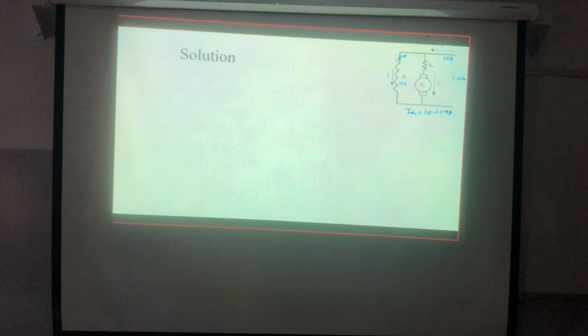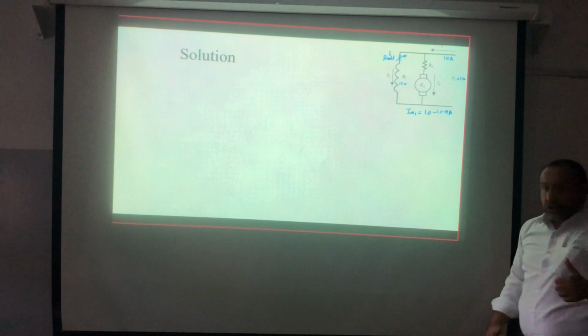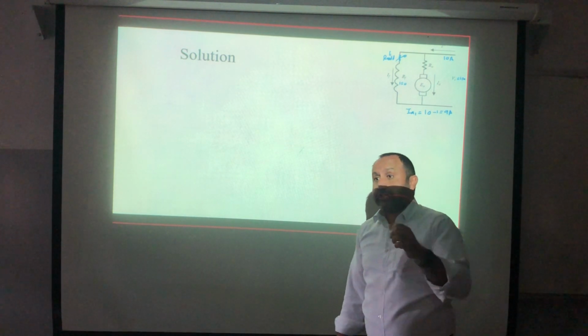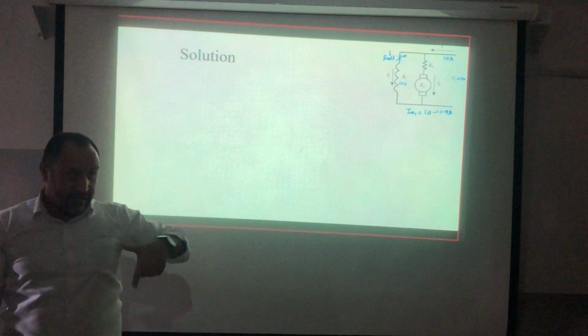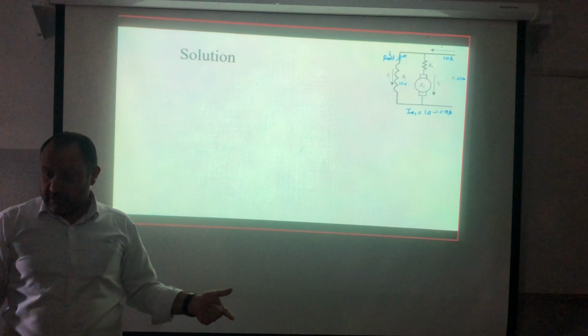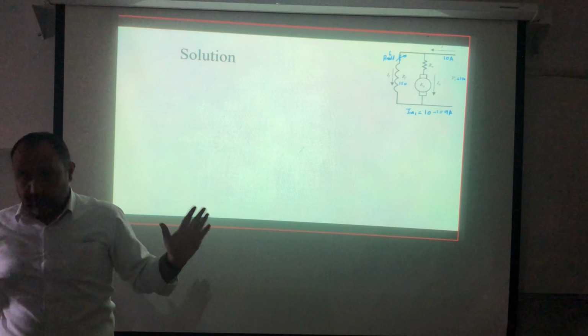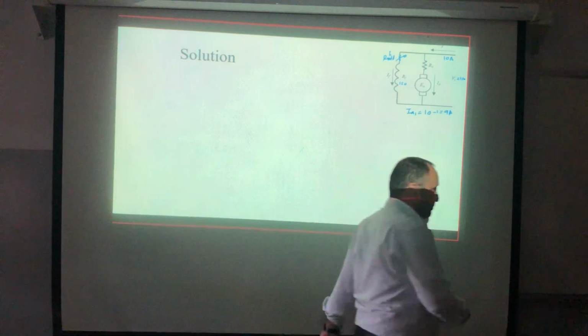Now, what we did here is to add R external, or R added, in the field, such that the flux is reduced by 20%. So, in per unit terms, if the rated is 1 per unit, then the new flux is 0.8 per unit, correct? Good.